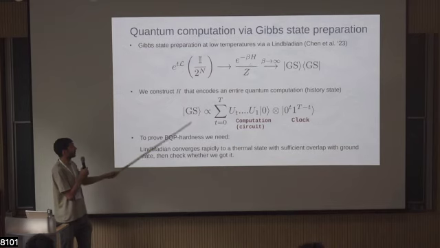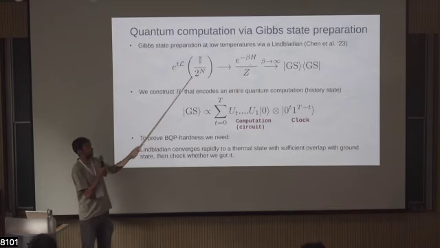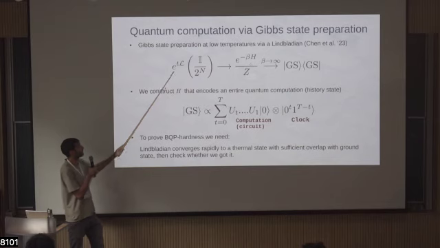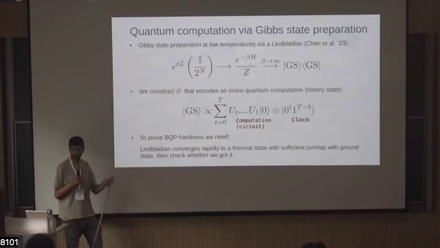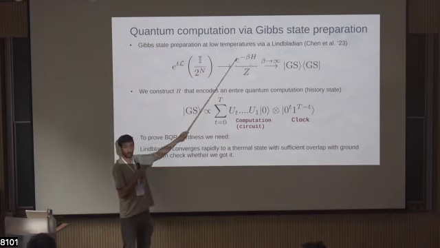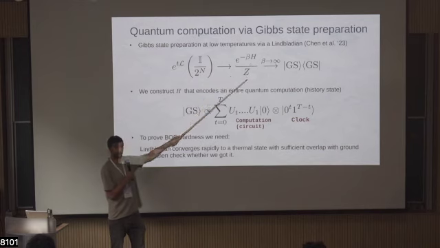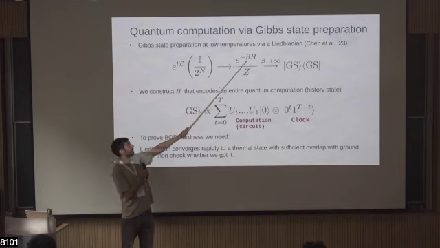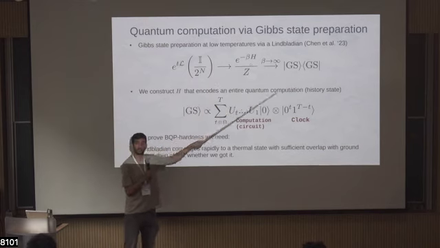So now we have a model in which if you start with some initial state, which could be the identity, doesn't matter, and you run it for long enough. I mean, that long enough has to be polynomial time, of course. Then you reach a Gibbs state, and this we know that you do because of a detailed balance condition. And if you're at low enough temperatures, then this Gibbs state looks a lot like the ground state.